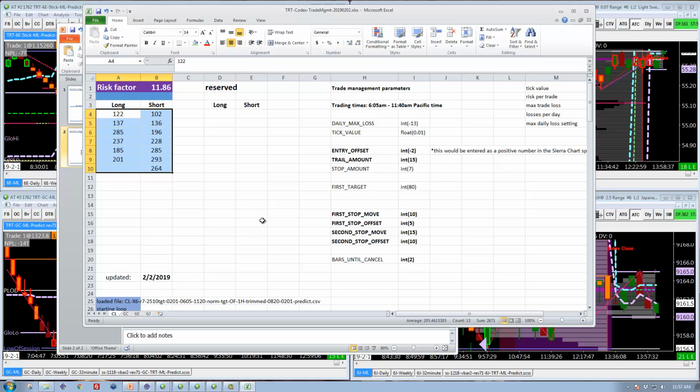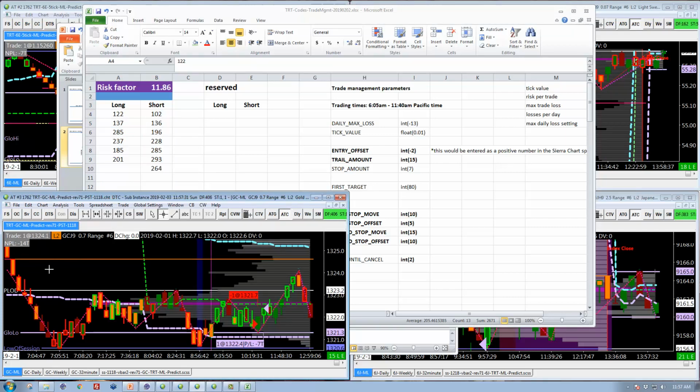And then the other thing, again, what I talked about earlier, I think that gold needs to be moved to a faster chart. If there's not as much movement in the market, then you need more signals to catch the smaller moves.